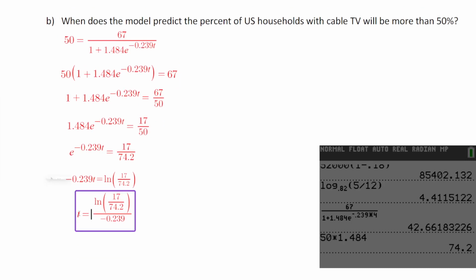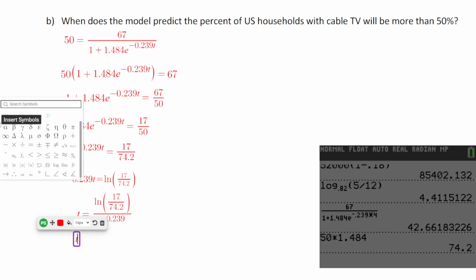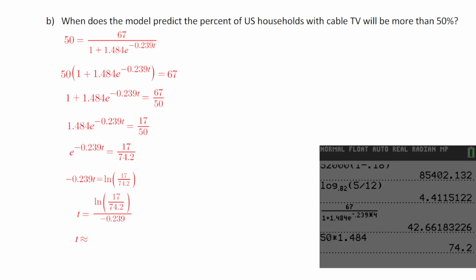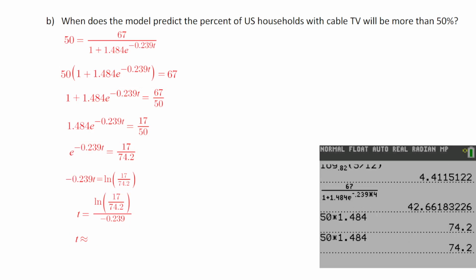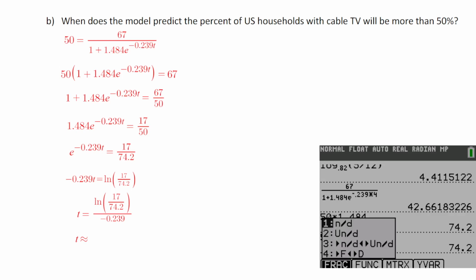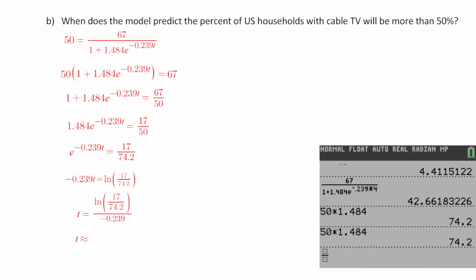Okay, so let's see what that is. Now it's time to go to the calculator. Find out what we get. It's definitely going to have to be approximate because we have an irrational number in the midst. All right, here we go. We've got a big fraction here, so I'm going to pull up this fraction here.